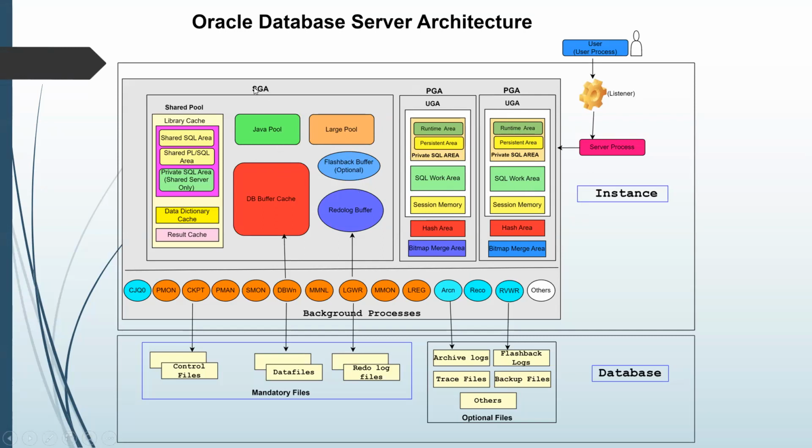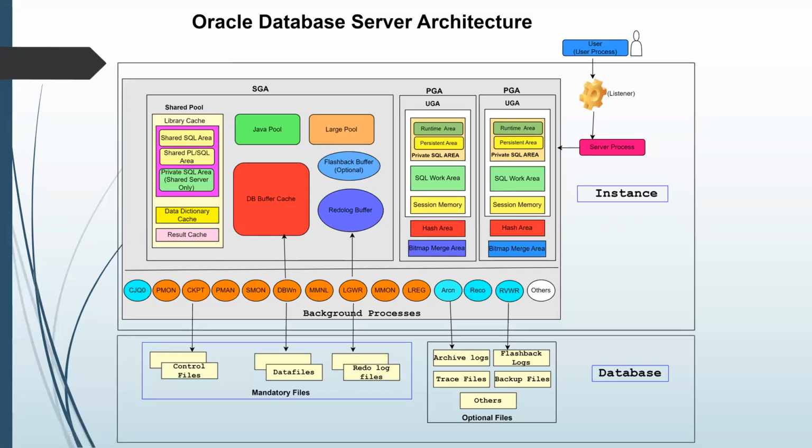Now coming back to the SGA. Inside the SGA, the primary component that you see is the shared pool. Now look at the name itself: it is shared pool. So whatever information or data is present inside the shared pool is available for use to all the users who are connecting to the database.